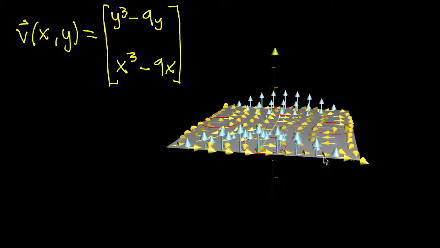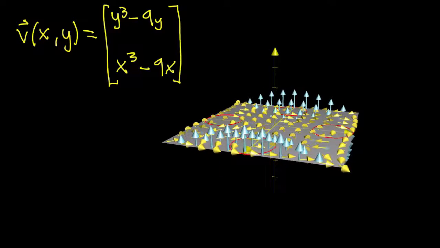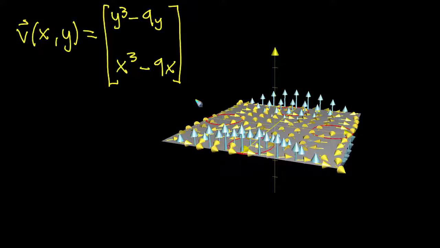And let's go ahead and describe that with a function, because we know how to compute the 2D curl at this point.